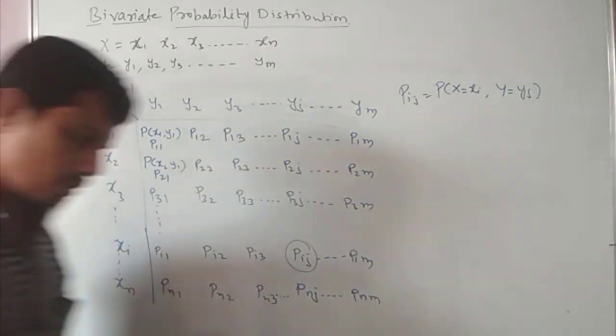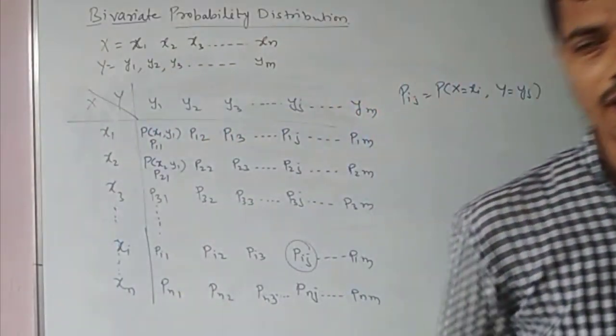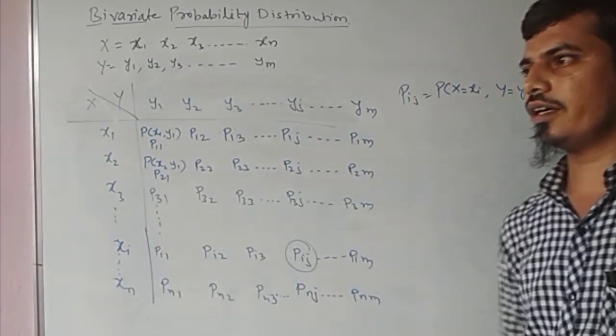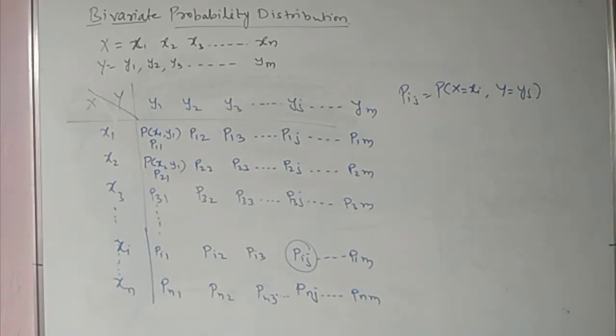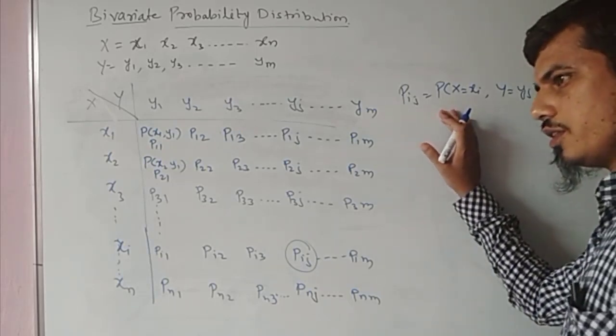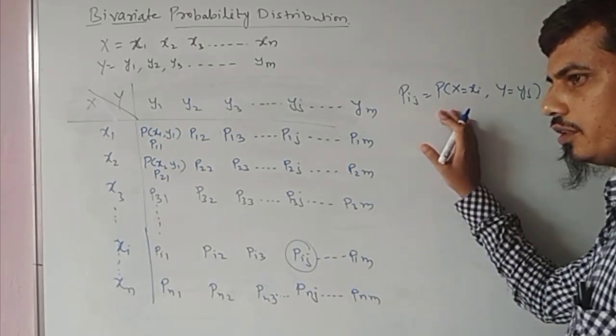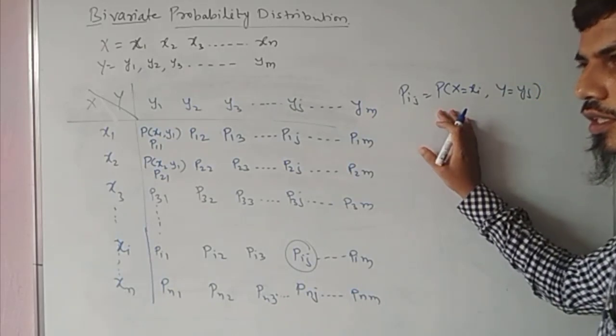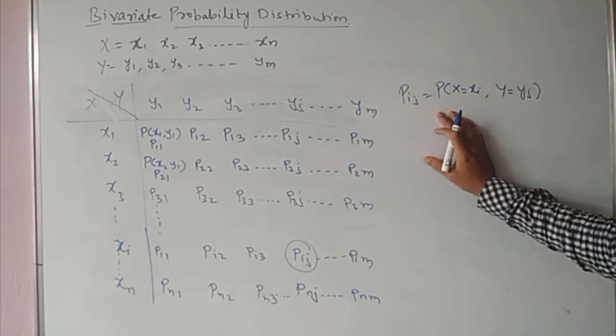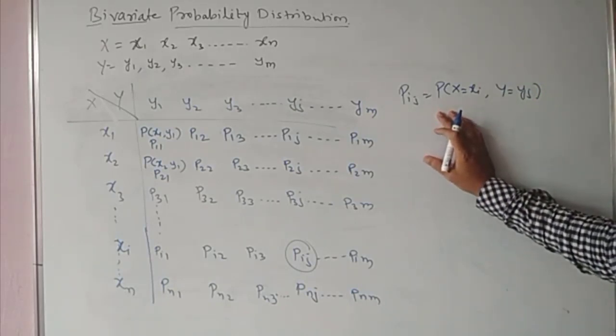Okay. As we know, there are two types of random variable, discrete random variable and continuous random variable. Based on these two types, we can again classify this joint probability into two types: discrete joint probability distribution and continuous joint probability distribution.